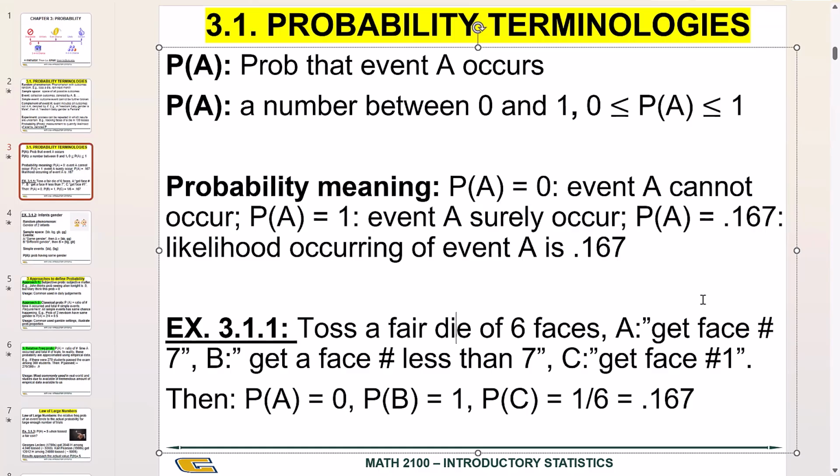For sure you get that event, so P(B) is 1, because you toss a fair die, a normal die, with numbers on the faces 1, 2, 3, 4, 5, 6. And for C, the event you get face number 1, the chance is 1/6, given that we have a fair die, okay?